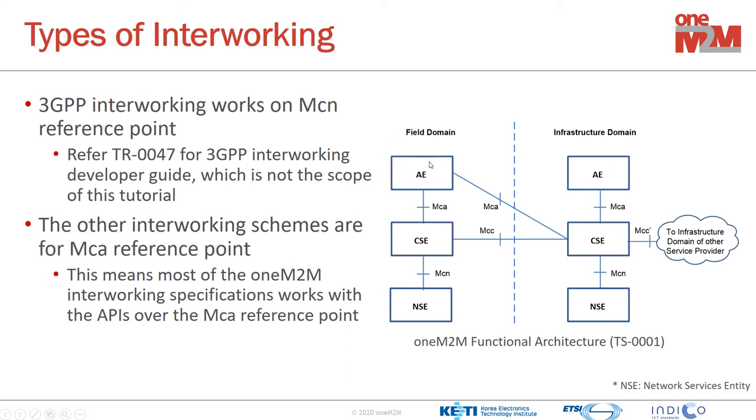Maybe the other system in general, or the proxy entity between the other system and the oneM2M system, will be a oneM2M application which works as the proxy. So from the oneM2M platform side, they are all oneM2M applications.